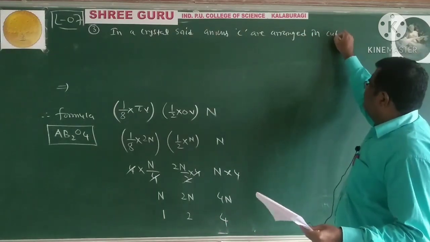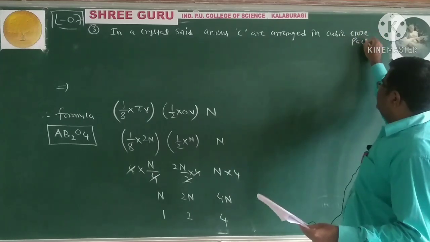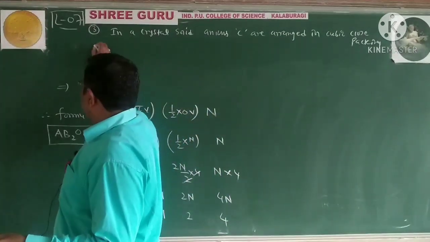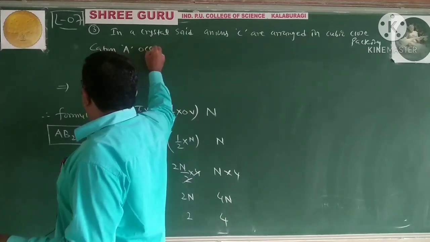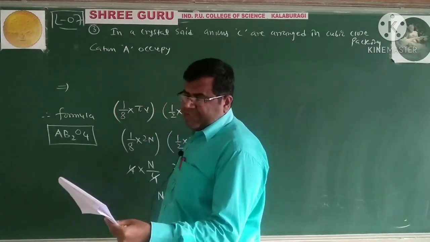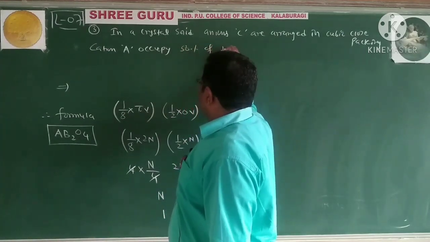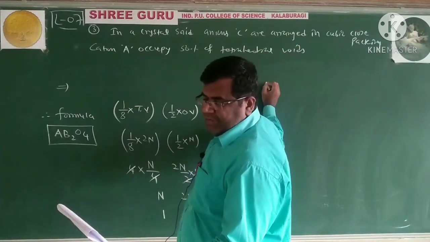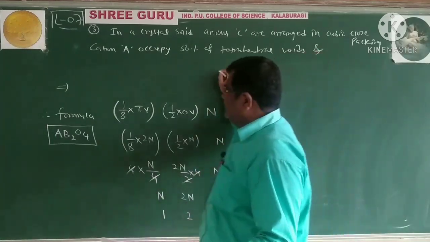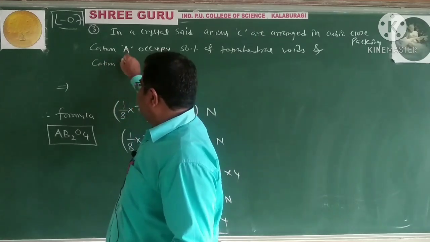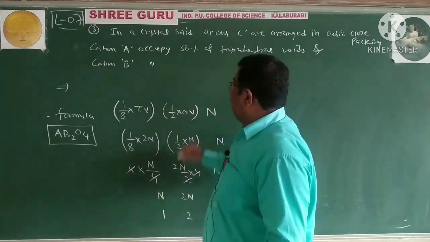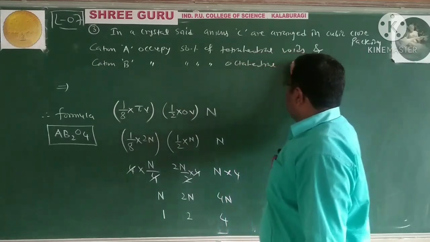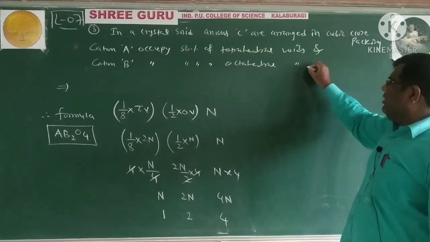Cation A occupies 50% of tetrahedral voids, and cations B occupy 50% of octahedral voids. What is the formula of the solid?